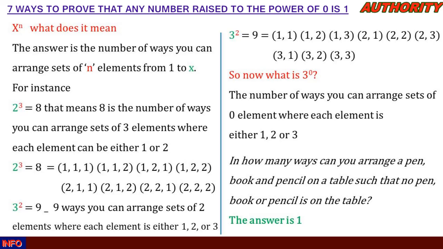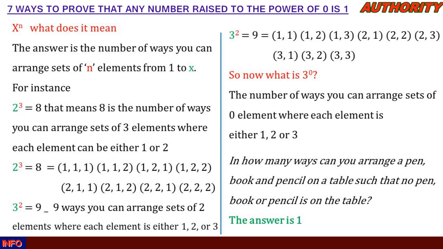You only have one way to arrange them such that there is no pen, no book, and no pencil. Do you know the solution? Do not keep any of those items on the table. That is the only solution. Yes, that is the only arrangement.